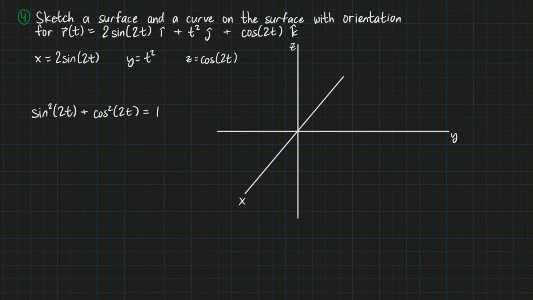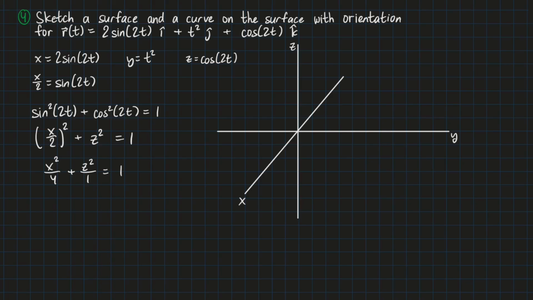For the x equation, we can isolate so that sine of 2t is by itself. x over 2 equals sine of 2t. Substituting the x over 2 and z, we'll have (x over 2) squared plus z squared equals 1. And then this is x squared over 4 plus z squared over 1 equals 1.